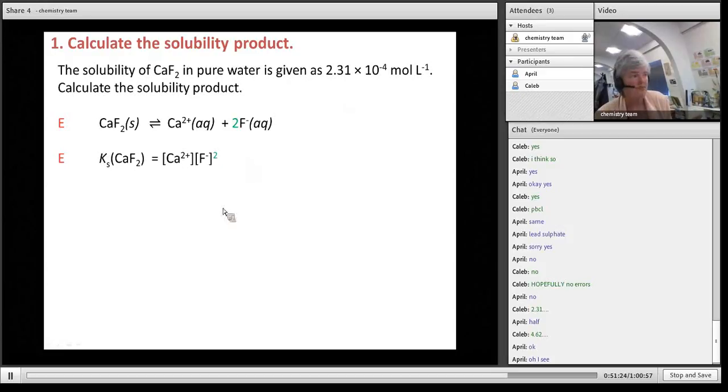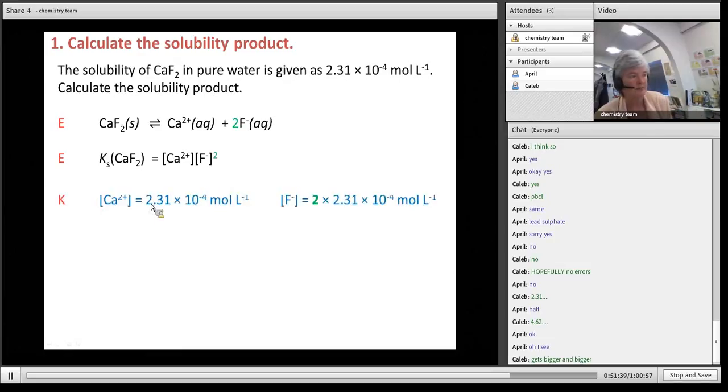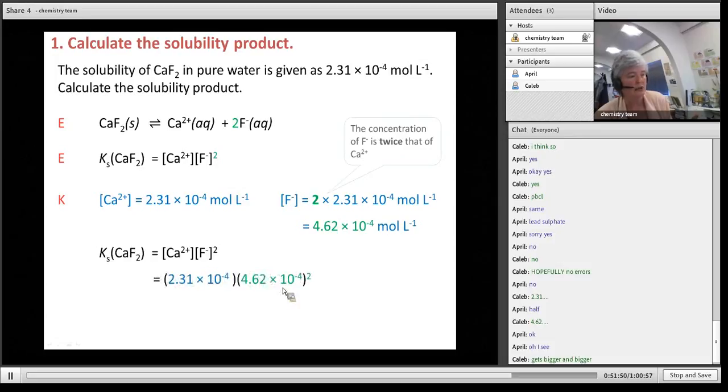So I have to double it when I substitute, and then I have to square it. So you do two things for fluoride. You double and square. So calcium is that, fluoride is that amount 2 times, which is that, and then when you put it in, you have to square it. It gets bigger and bigger.